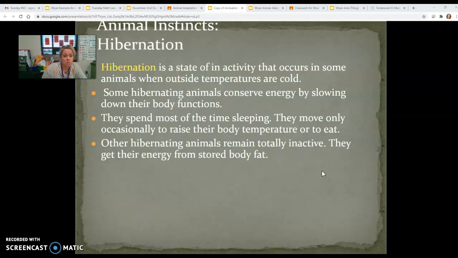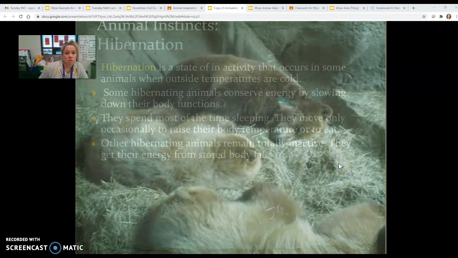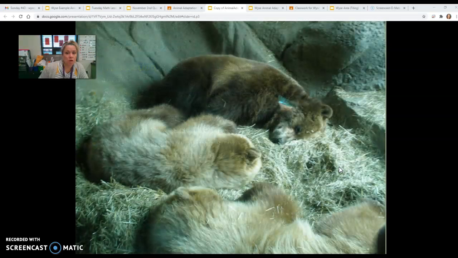Some hibernating animals conserve energy by slowing down their body functions. They spend most of their time sleeping, and they only move to raise their body temperature or eat. And other hibernating animals remain inactive and get their energy from stored body fat. So that's another instinct that these animals have. There are the sleeping, hibernating bears.